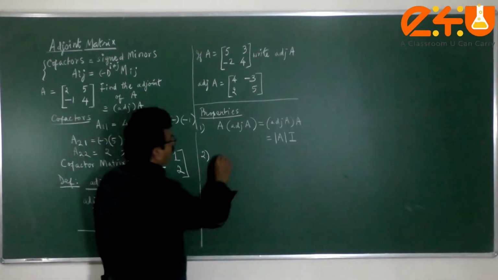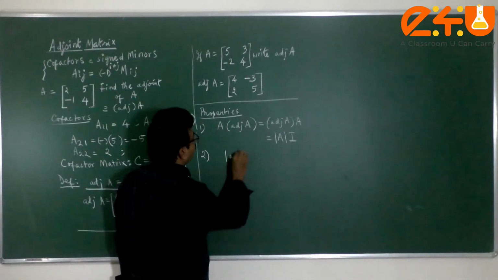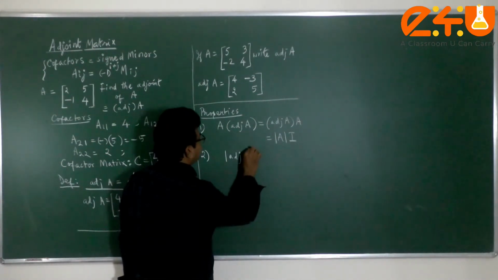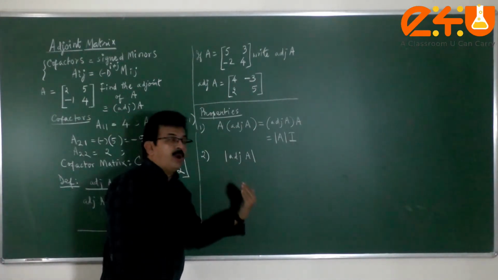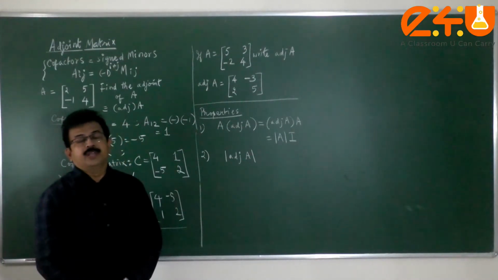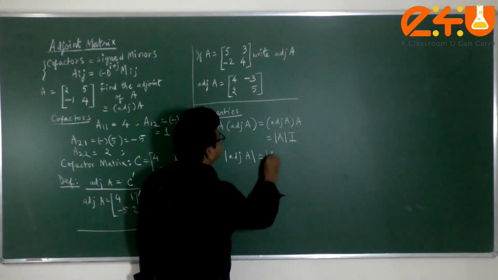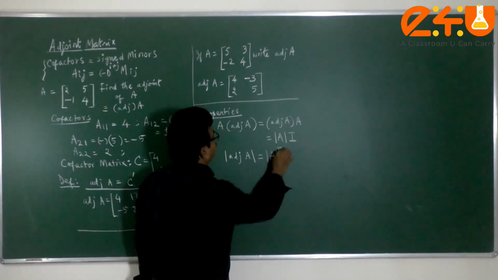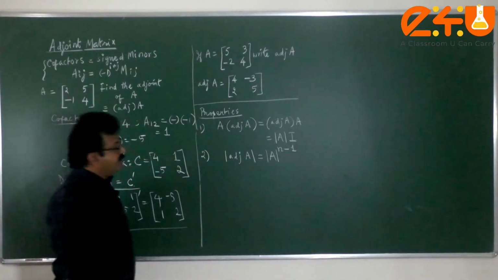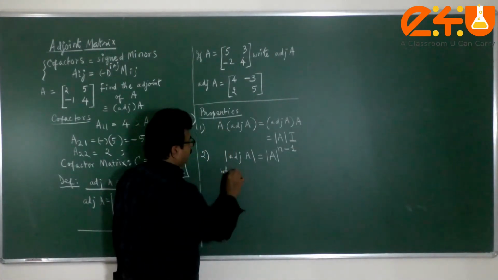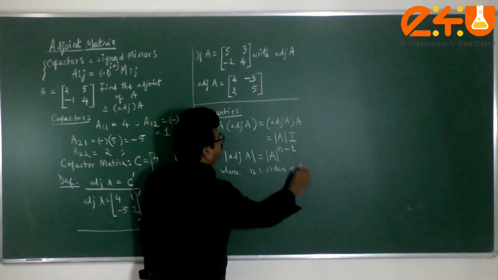One more property. What about the determinant value of the adjoint of matrix A? Well, it is determinant A raised to the power n minus 1, where n happens to be the order of the square matrix.